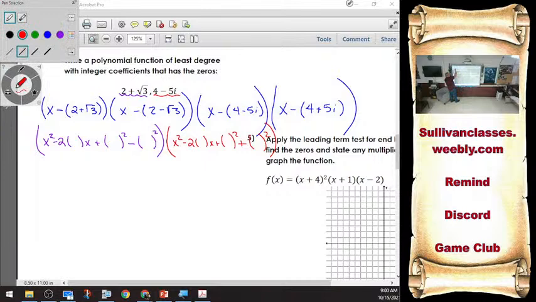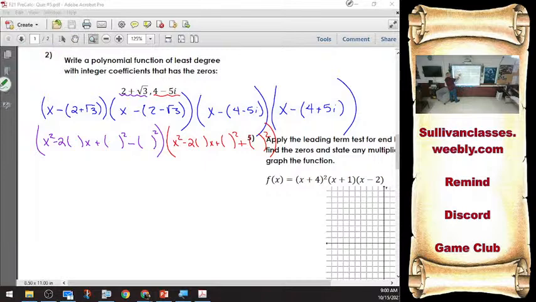And I will plug in my a and b for each of these. A is 2. B is the entire radical, square root of 3. That's also true if it's uglier. If that was 2 square root of 3, the entire 2 square root of 3 goes in there, not just the square root of 3 part. Okay, the entirety of the radical.